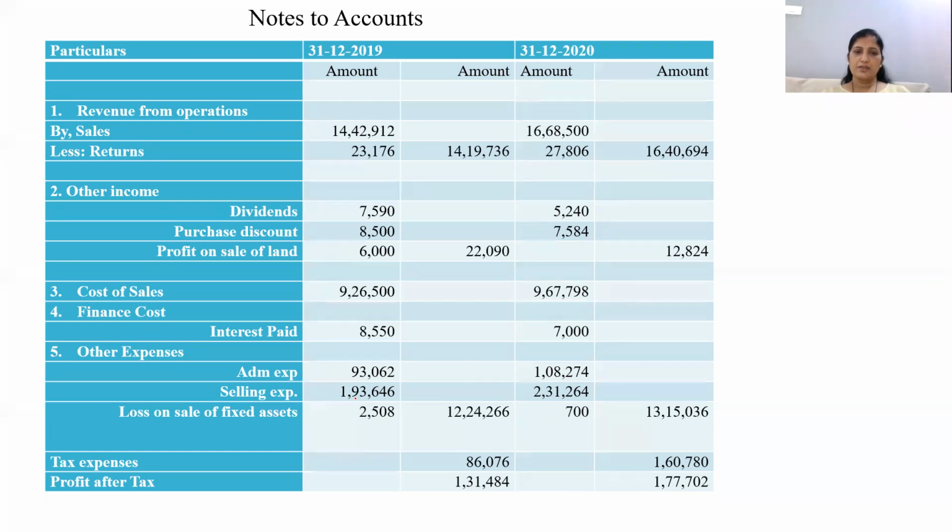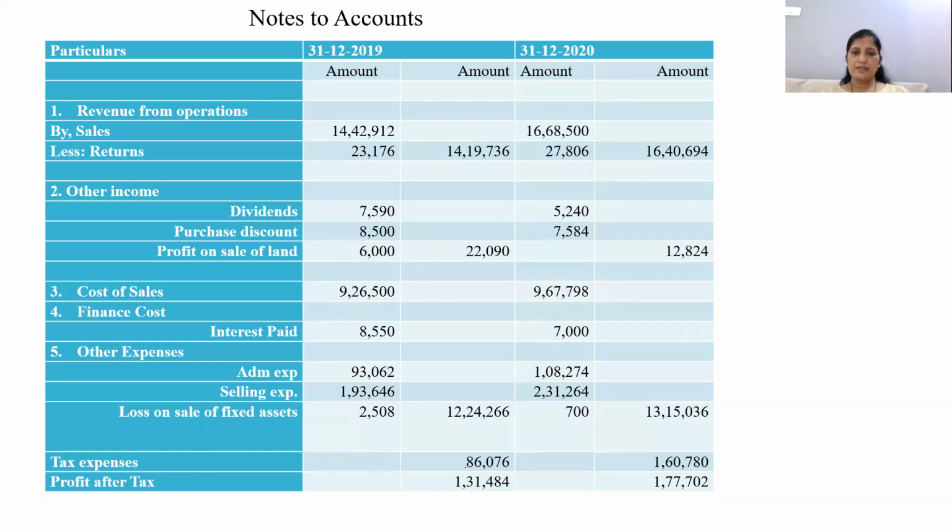Selling expenses 1,93,646 and 2,31,264. Loss on sale of fixed assets, you have 2,508 and 700. These are the totals of other expenses.